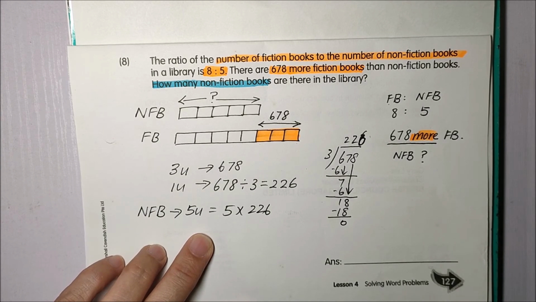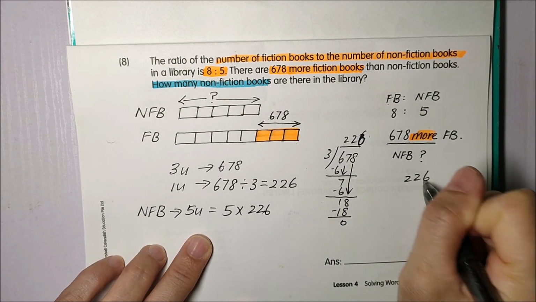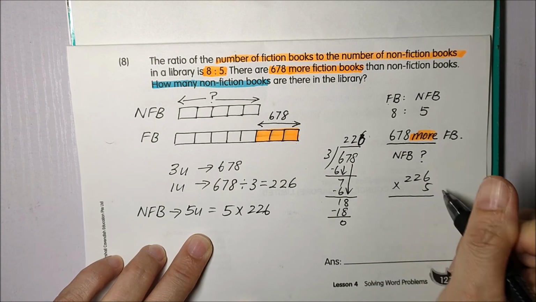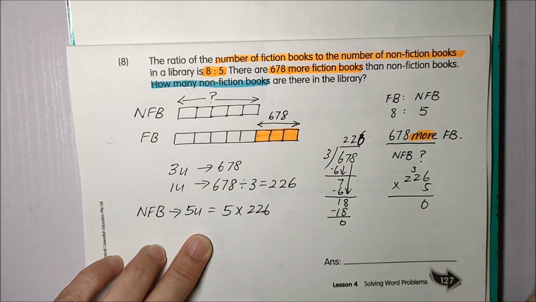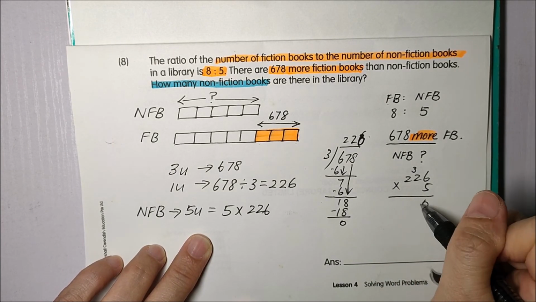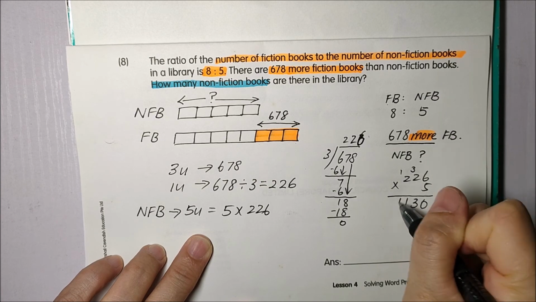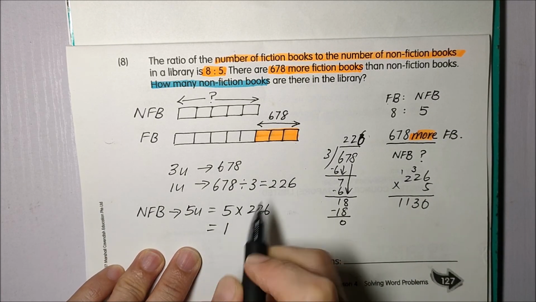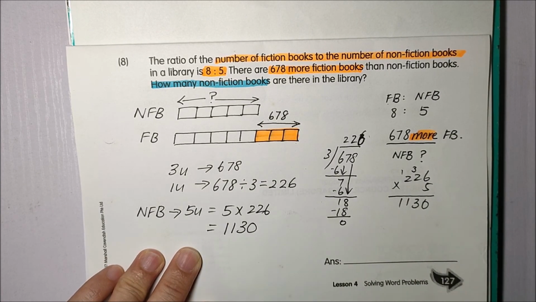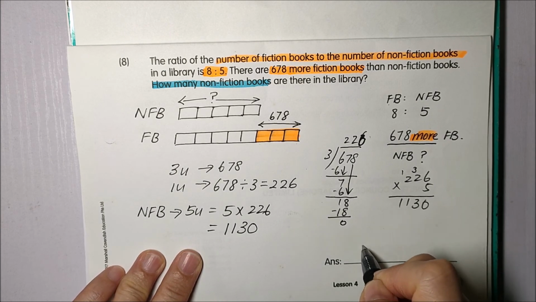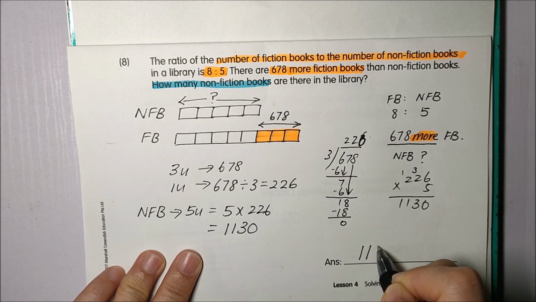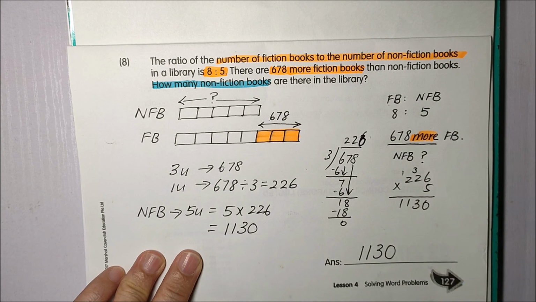Let's do the working again. 6 times 5, 30, regroup a 3. 2 times 5, 10, plus 3, 13. 2 times 5, 10, plus 1, 11. So that equals 1,130. So the answer is there are 1,130 non-fiction books in the library.